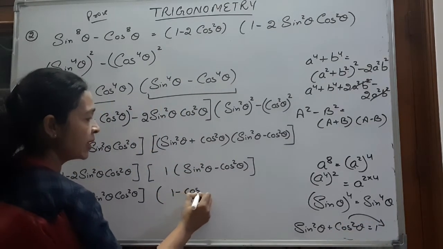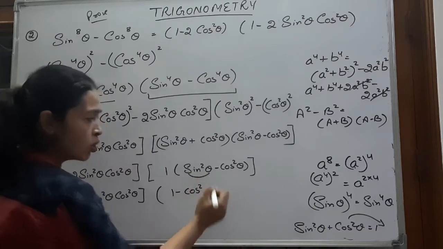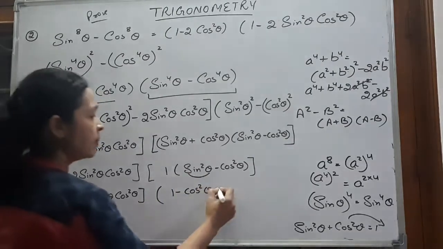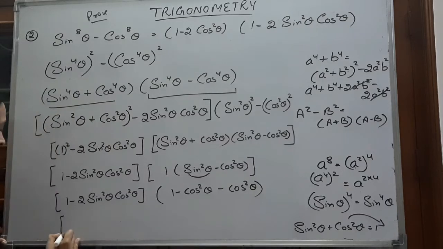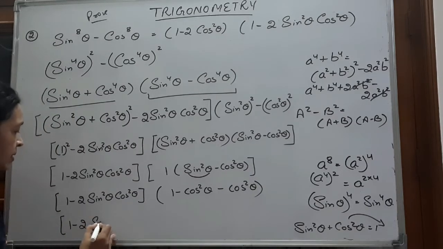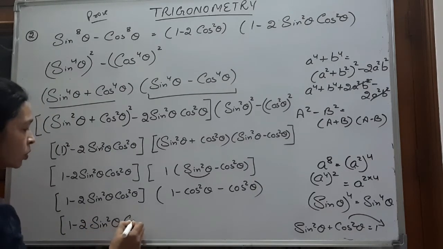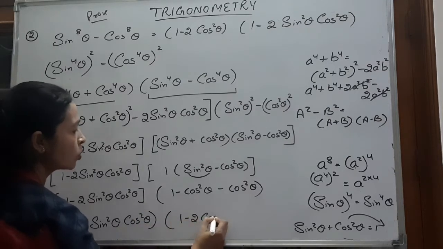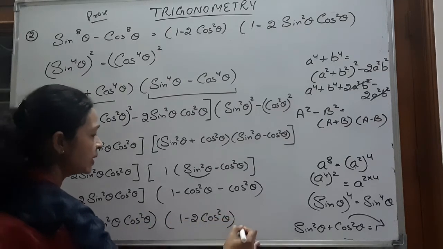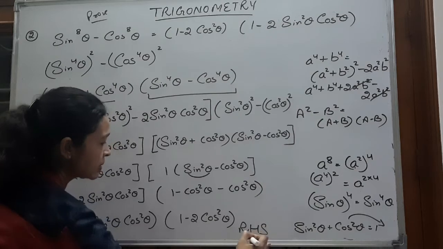Here we write 1 minus cos square theta in place of sin square theta and minus cos square theta. So what do we get? 1 minus 2 sin square theta cos square theta into 1 minus 2 cos square theta, which is our right hand side.